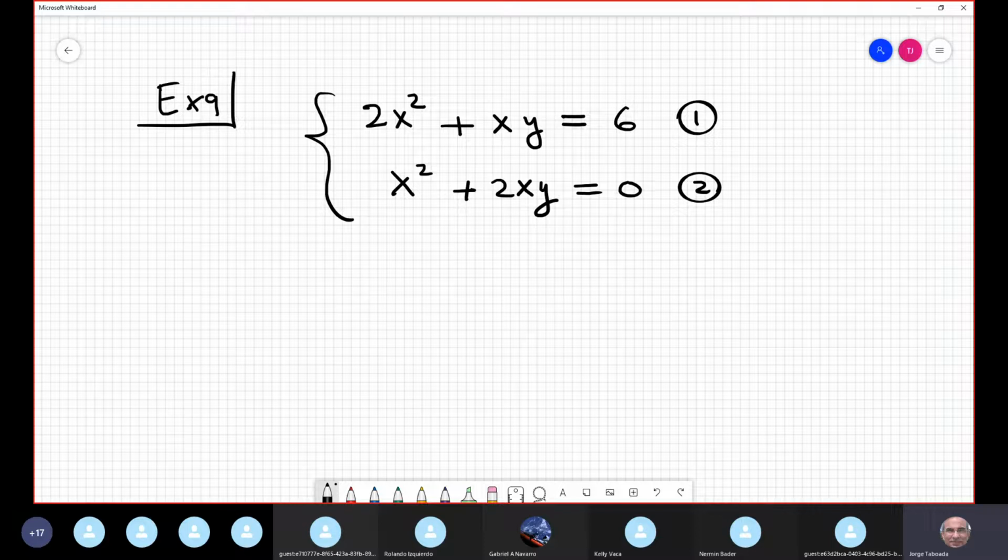Maybe it's confusing and you believe it's linear. No, the multiplication x times y is non-linear because this exponent is 1 and this exponent is 1, and the degree of this expression is 2. It's 1 plus 1, the sum of the exponents. So both are non-linear equations.